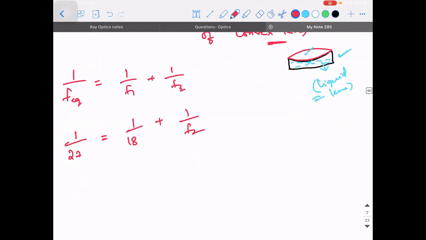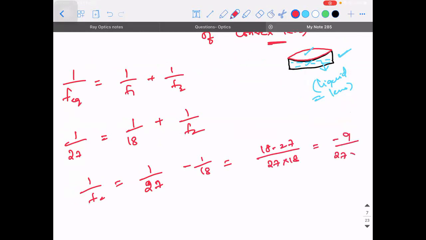That is what we need to find. So 1 by f2 is 1 by 27 minus 1 by 18. That is 18 minus 27 divided by 27 into 18, which is minus 9 divided by 27 into 18. It goes 2 times. So f2 is equal to minus 54 centimeter. So the focal length of the liquid lens is minus 54 centimeter.